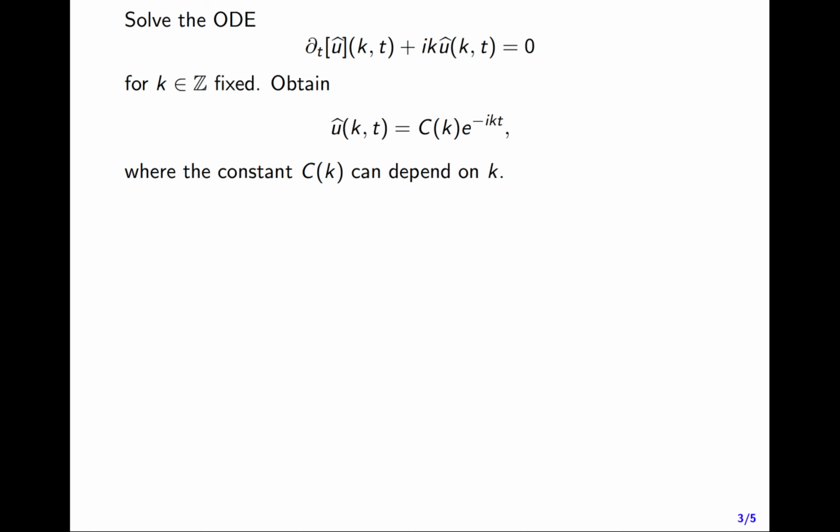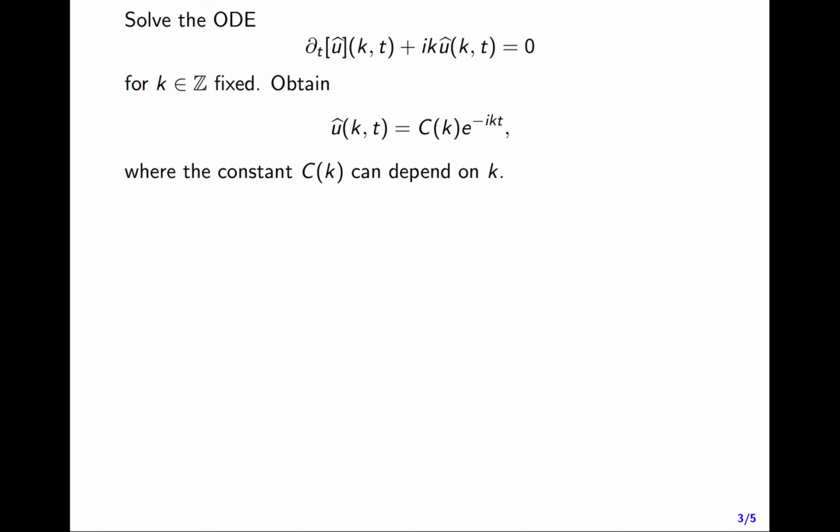The important thing to realize is k is a parameter. So for every different integer k, I get a different differential equation for u hat. So for each of these differential equations, when I'm writing down the final solution, I have to track any constant's dependence on k. Thus I have a c of k here, not just a plain old c.